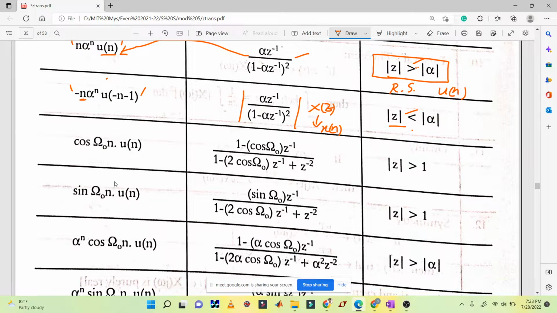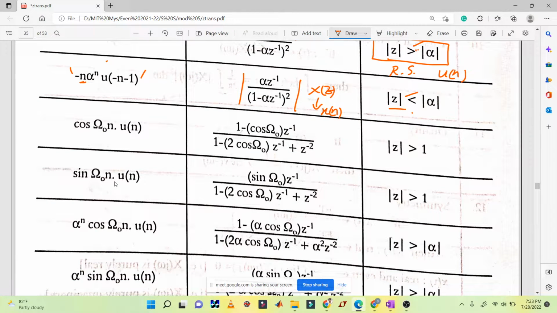Now, the last few sequences we have already solved, for this one as well as for this one. Sin omega naught n, this is the Z transform. If somewhere this is given to you as x of z and you are asked to find the inverse, you can directly write this one.